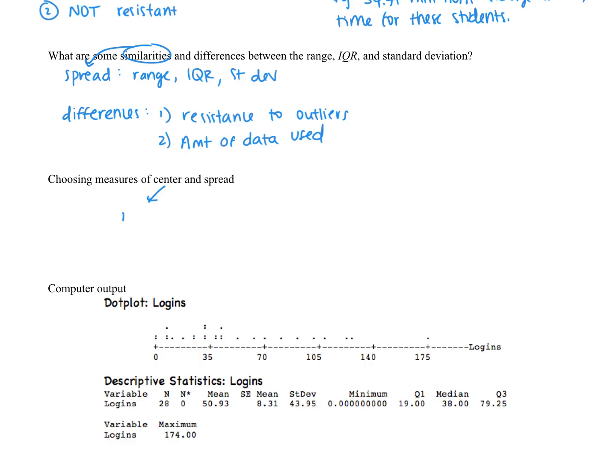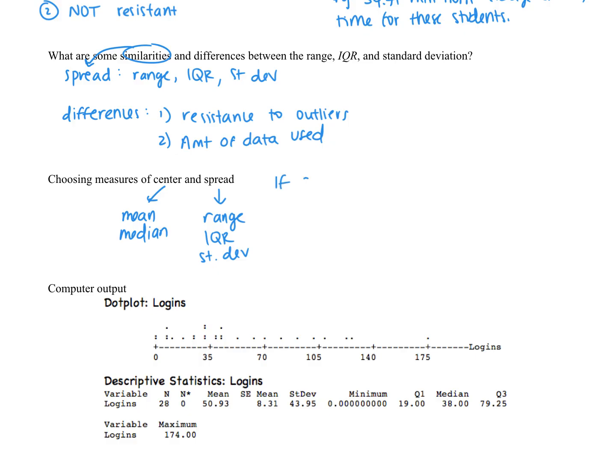Okay, center. So far, well, we've talked about mean and median. Spread, we've talked about range, IQR, and standard deviation. And so if you have a data set, you could calculate all of these. But often we want to know one measure of center, one measure of spread. How do you know which one to choose?